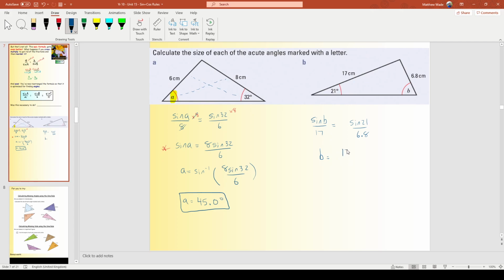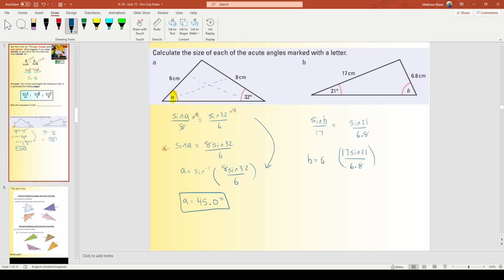I'm going to be left with 17 sine 21 over 6.8. But because I've got B on its own, I'm going to have to sine minus 1 that side. So I've essentially gone from here to here. Now, I would only do that if I was feeling dead confident. So if you're feeling at all a bit struggly with this, definitely do that middle step too.